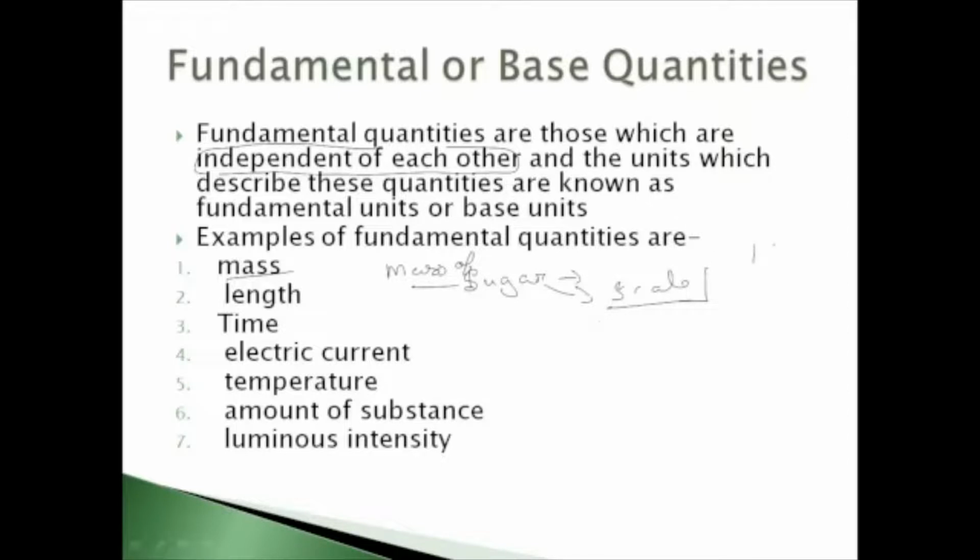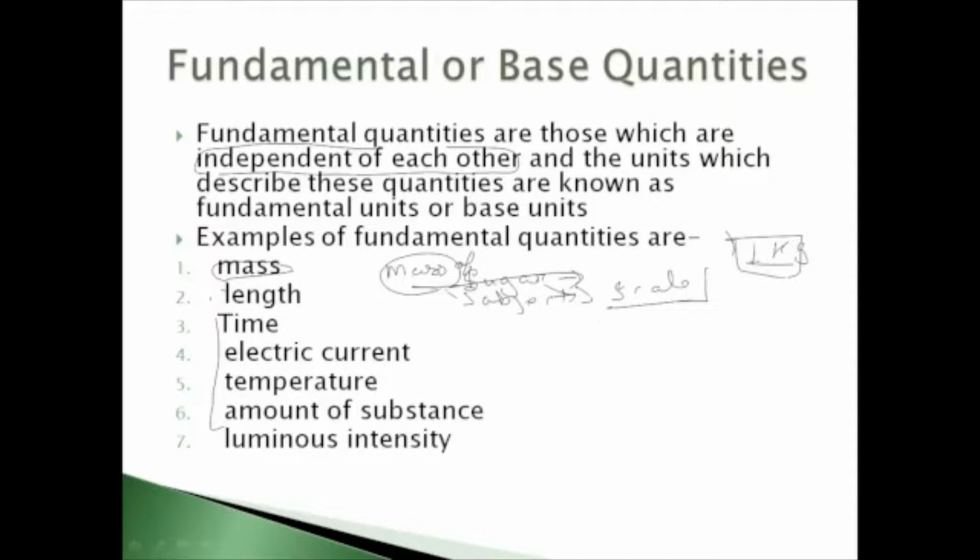For example, we get 1 kilogram. So the mass of our sugar is 1 kilogram. In this process, we don't use any other quantities to measure the mass of an object. Since we need no other quantity to measure mass, it is a fundamental or base quantity and is independent of all other units. So in this sense, the fundamental quantities are those which are independent of each other.